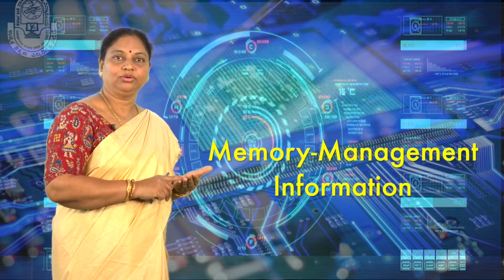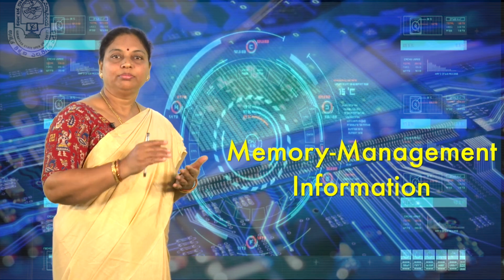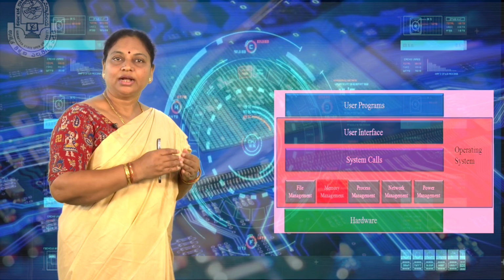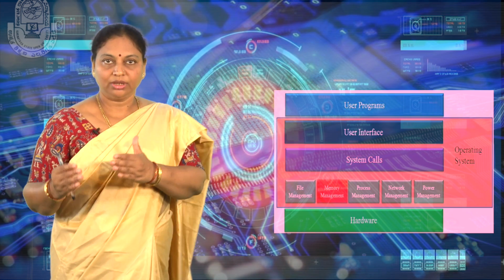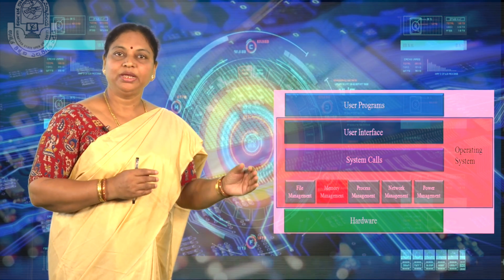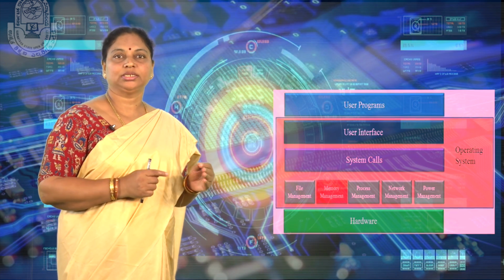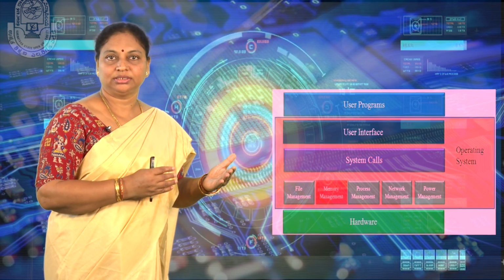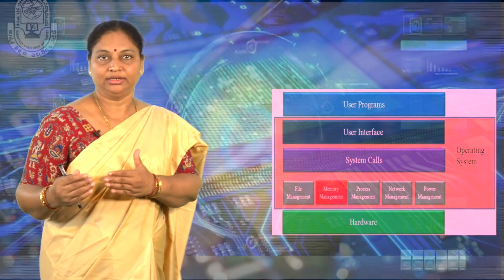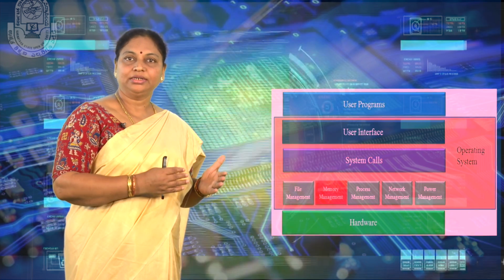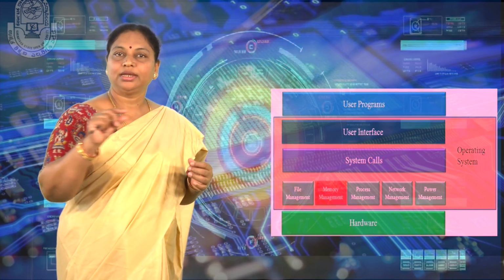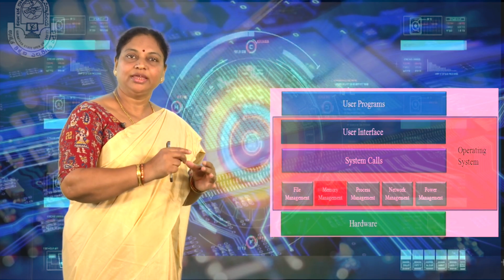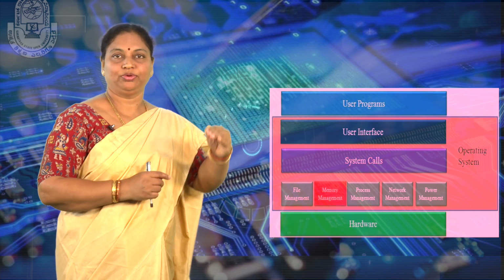Next, it includes the information about memory management, meaning when we are allocating main memory to the process, we will be addressing those locations in different ways, by giving the absolute address, that is the direct address, or we may address it by giving certain relative values, meaning just giving the base address from where the program starts.